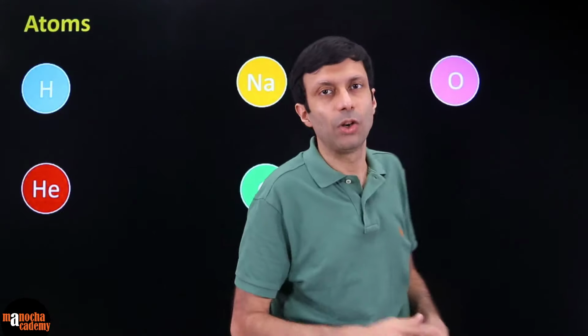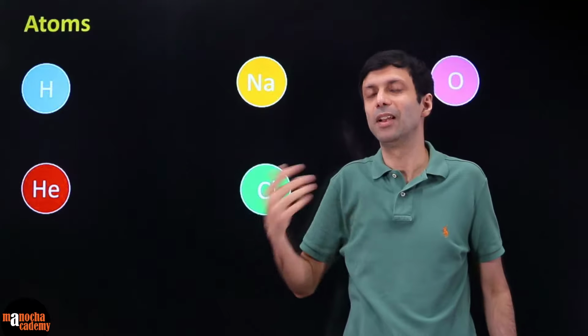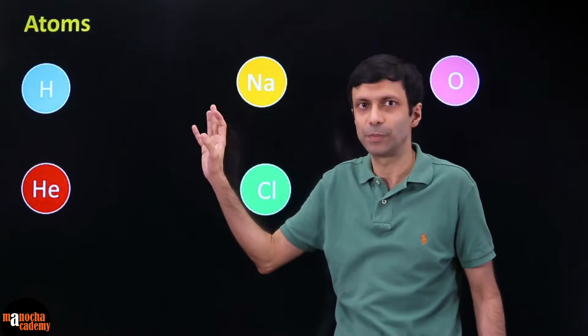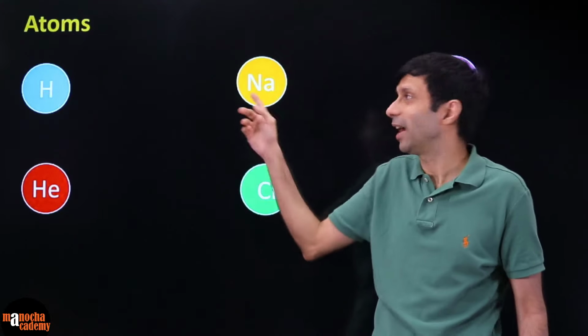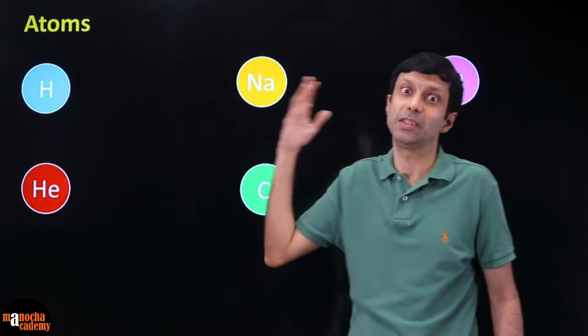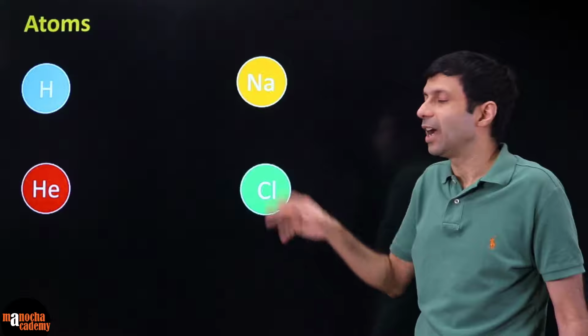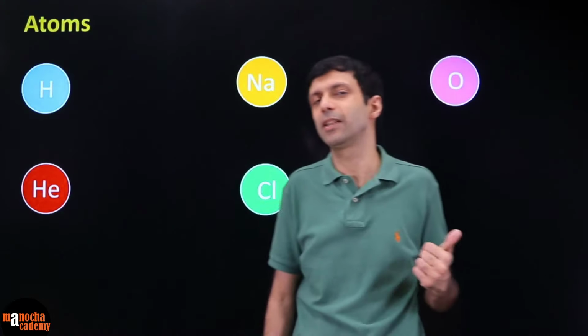And in chemistry, we denote the atom using the symbol of the element. That is why we learned all the symbols, so that we don't have to write the full word hydrogen. We just write H. Sodium is natrium in Latin, so we write Na. Na doesn't mean some other symbol. Sodium is not SO, okay, Na. And all these symbols are either one letter or two letters, and the first letter should be capital.